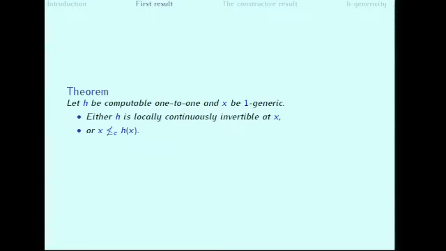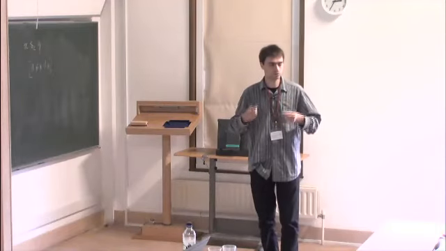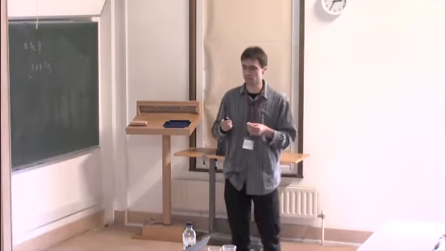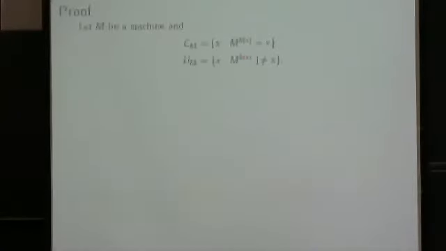So let me prove this very simple result. You fix a machine, you consider the set C of x's such that the machine computes x from h of x, and you consider this set U of x's such that the machine does not compute x, but in a way that it can be discovered one day, that the machine eventually halts and outputs something which is very far from x.